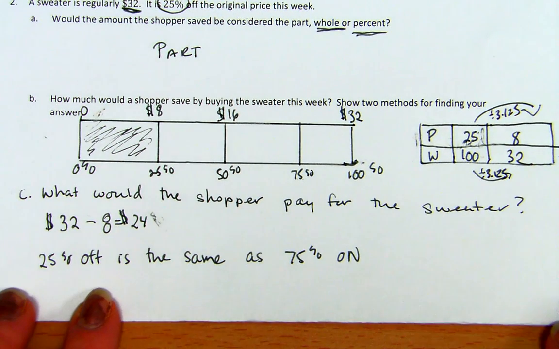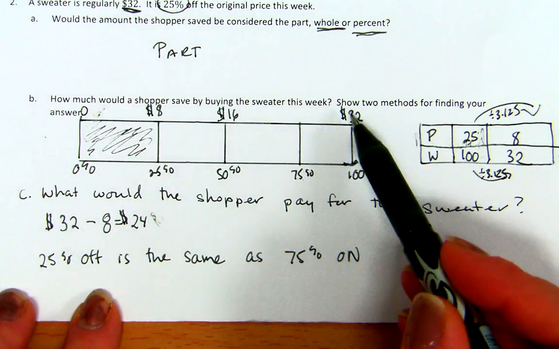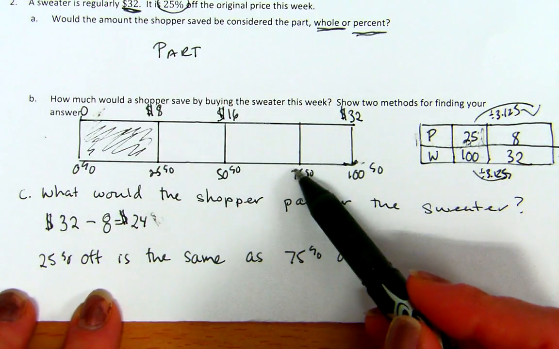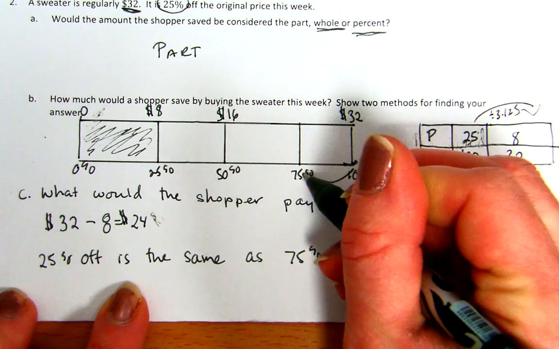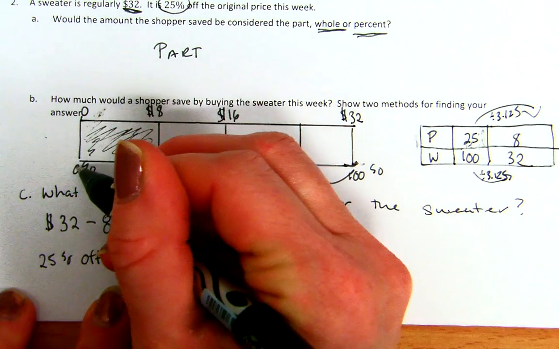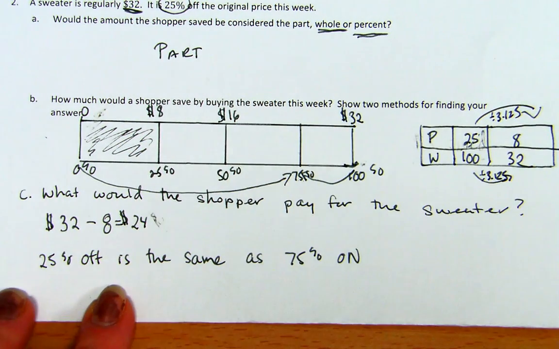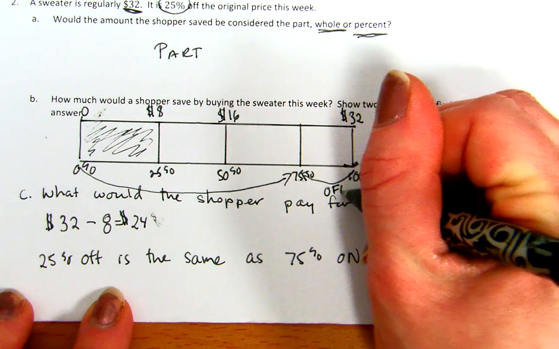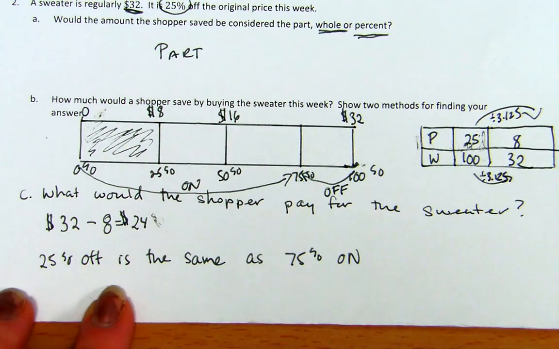Okay, I mean if you take 25% away from $32, if you take 25% away off, that is the same as having 75% on. So if I'm taking 25% off, I get to 75%, which is the same as, if you think about it coming this way, it's the same as 75% on. So this is off, working from the top down, and this is on, working from the bottom up.